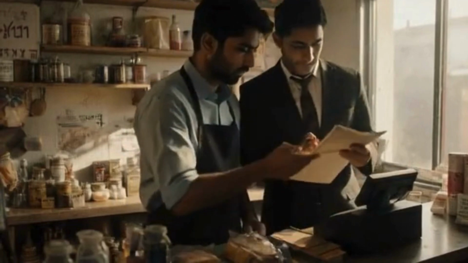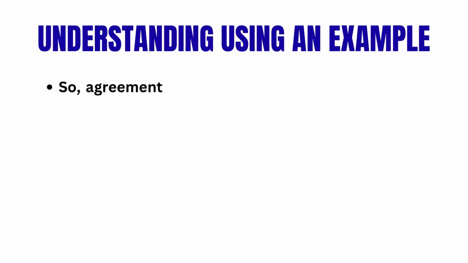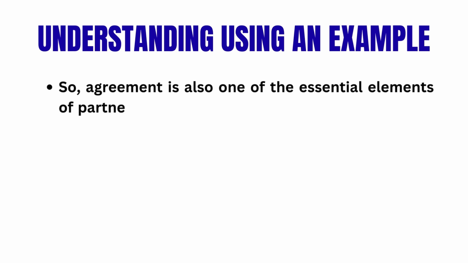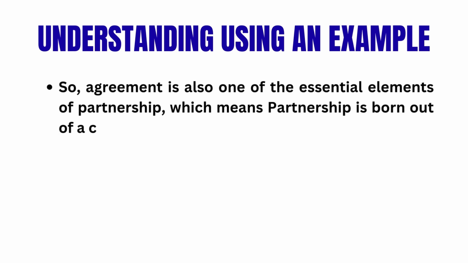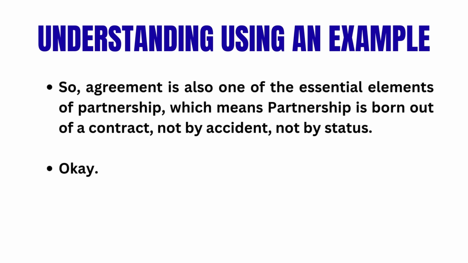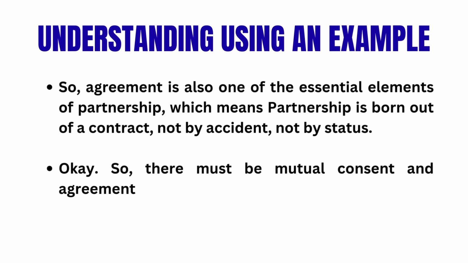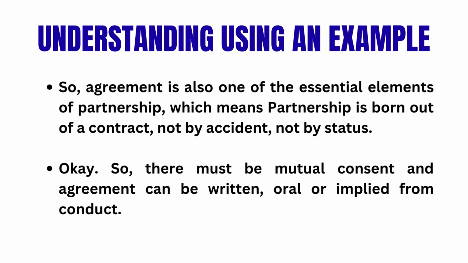Agreement is also one of the essential elements of partnership, which means partnership is born out of a contract, not by accident, not by status. There must be mutual consent, and the agreement can be written, oral, or implied from conduct.